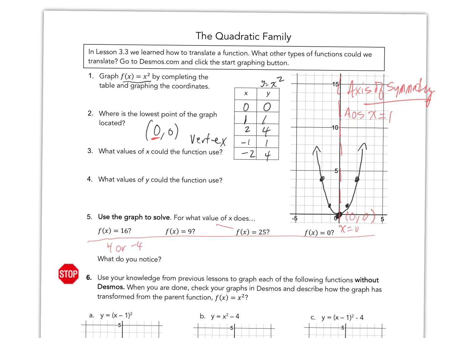Because if I go to negative 4, I would be way up here at 16, and if I was at 4, I would be way up here at 16. What value gives 9? Well, that seems to be 3, because 3 squared or negative 3 squared is also 9. And same here, 5 or negative 5. And here, just one answer, which is 0.